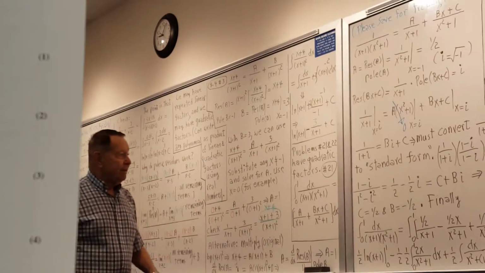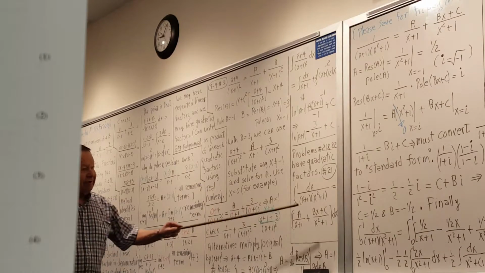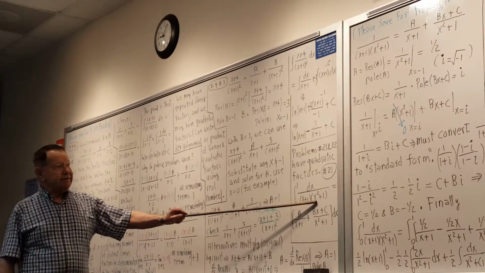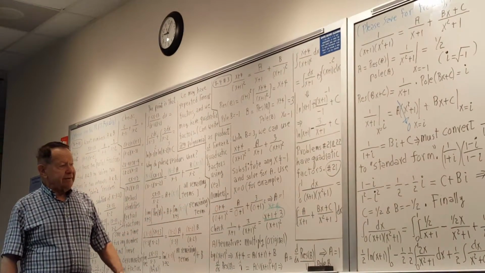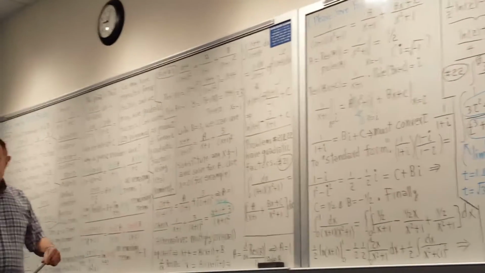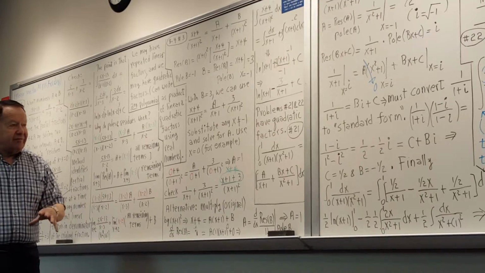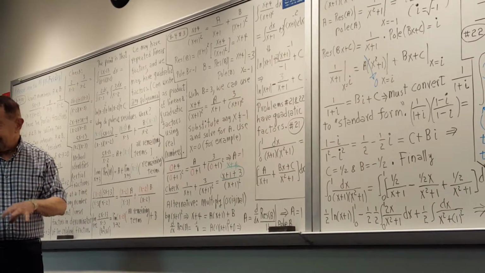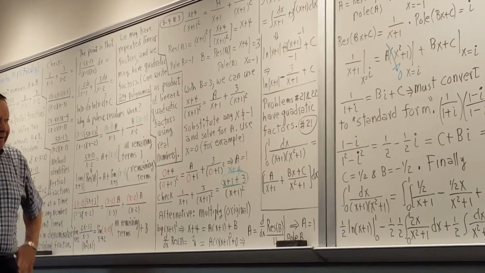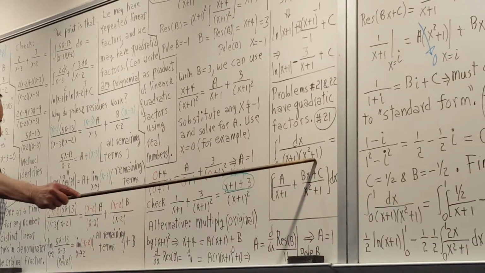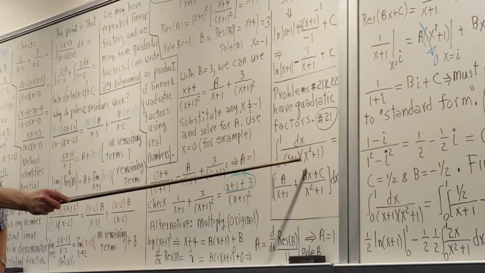Meanwhile, look at something like 21, where you have quadratic factors. I was saying that in algebra, you can take any polynomial and you can factor it down to a product of linear and what we call irreducible quadratic factors.